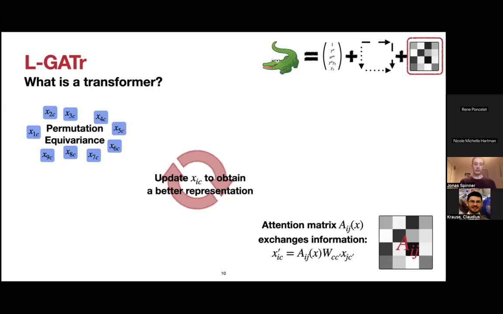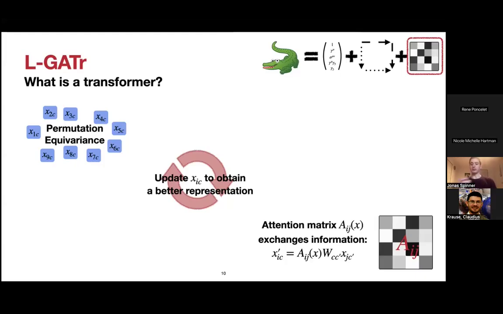And then we take this input X_iC, and the idea of the transformer is now to continuously update this input to obtain a better representation. And then in the end, we can map it to anything that we ultimately want, which could be, for instance, the tagging score of our jet tagger.